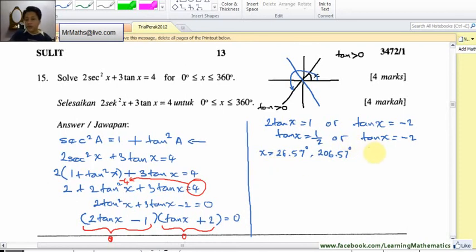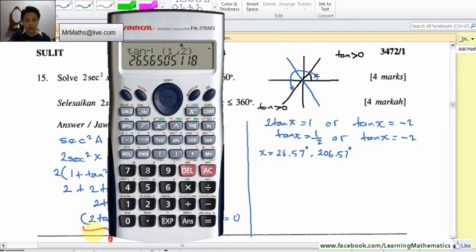And then if tangent x is minus 2, then let's use the calculator again. Let's use inverse tangent again. Inverse tangent minus 2. Ooh.